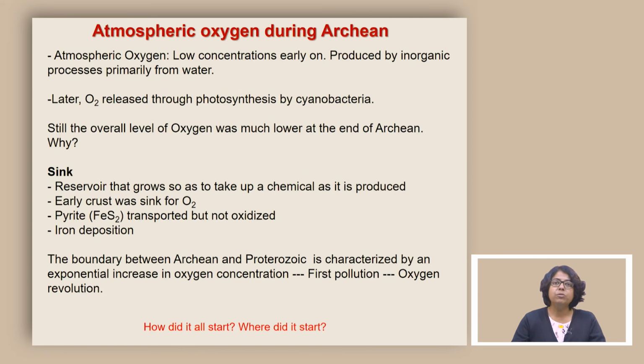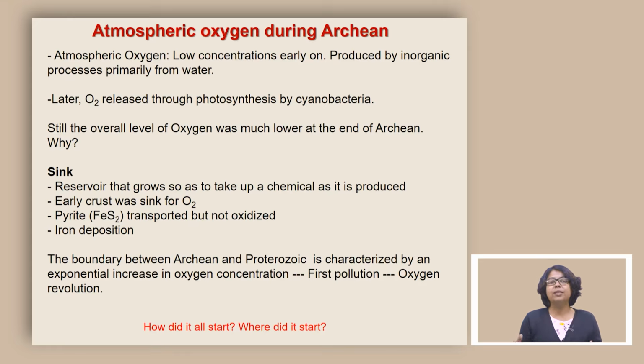So, atmospheric oxygen during the Archean must have been low, and even when it increased, the overall level of the oxygen must have been lower at the end of the Archean, because even if the oxygen was increasing, there was enough material on the ground which was constantly taking up this oxygen and getting oxidized to form other minerals such as Fe2SO4.